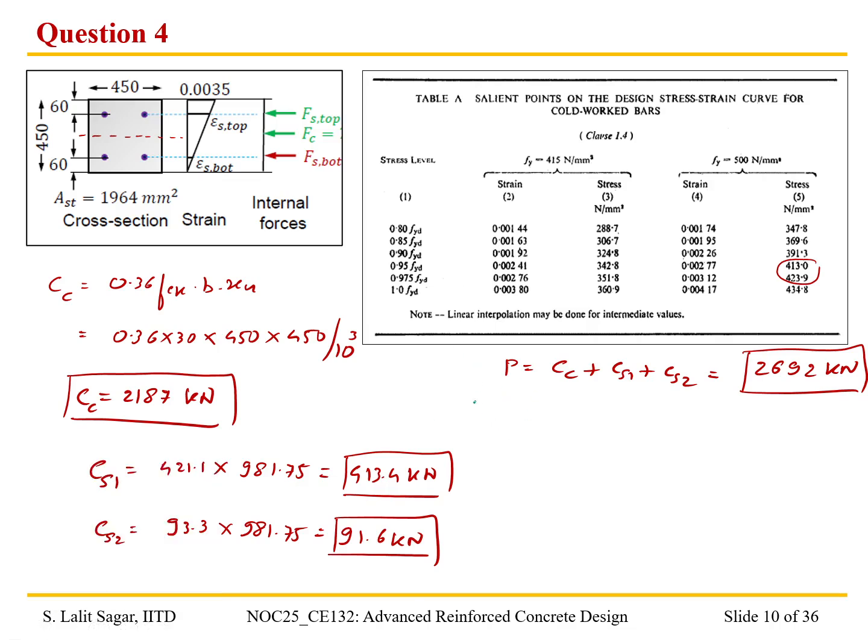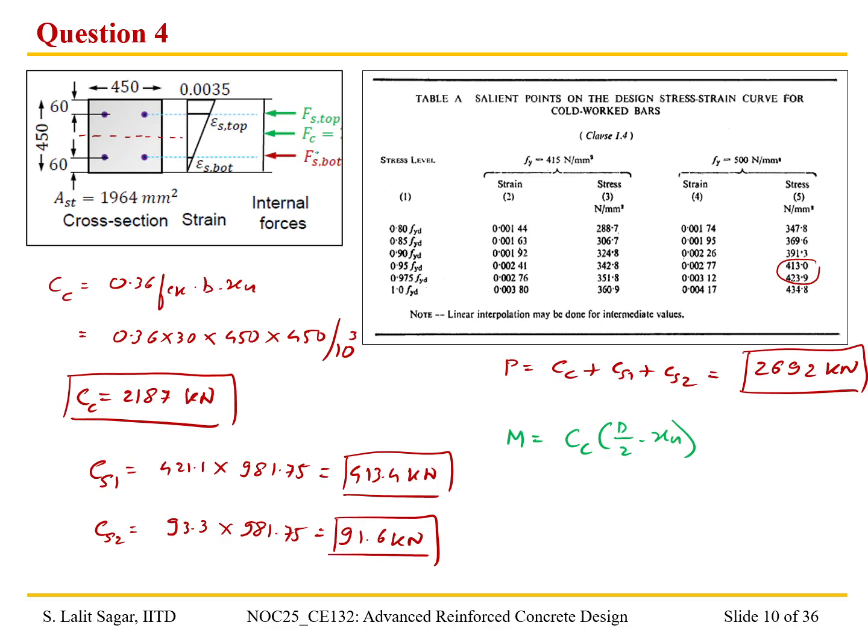M is given by Cc into D by 2 minus XU, that is the point at which the resultant compressive force from the concrete stress block acts.